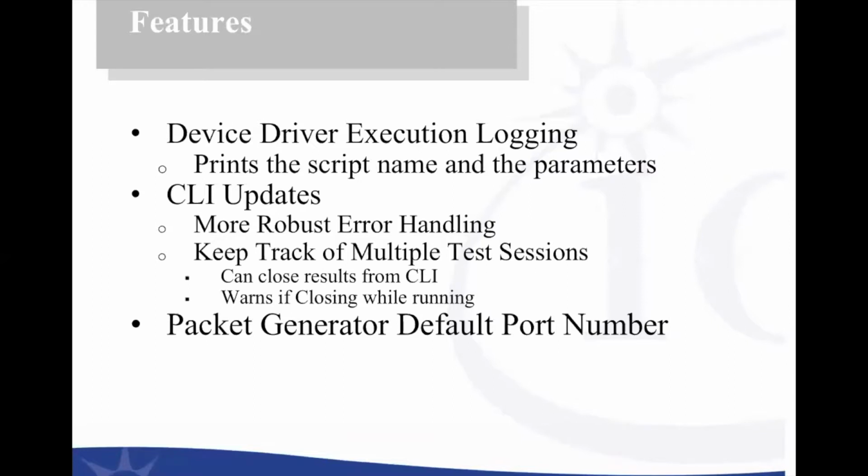The last big change that we'll mention here has to do with the default port number. After many years of sitting on the 5005 port, we thought it was time to update that to a port more appropriate for the packet generator and the application. So the default port number is now 50005.